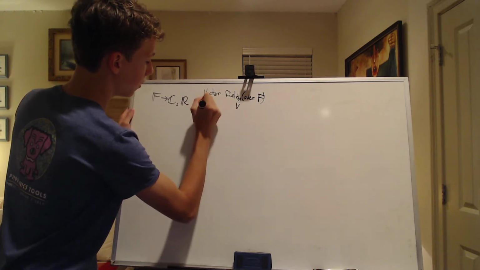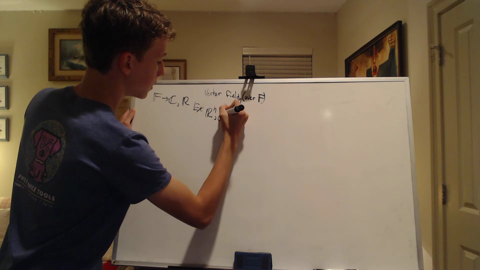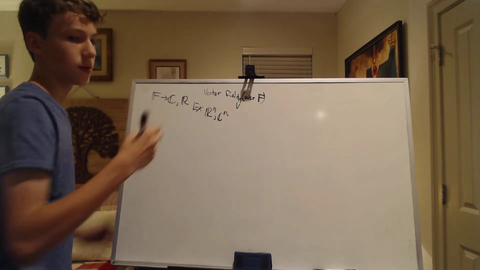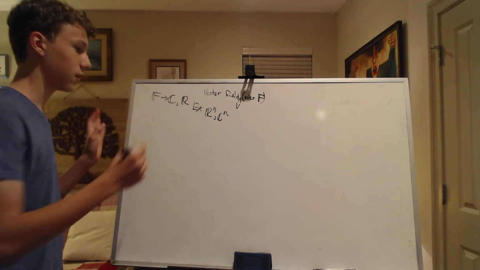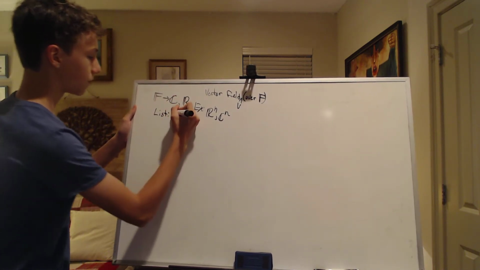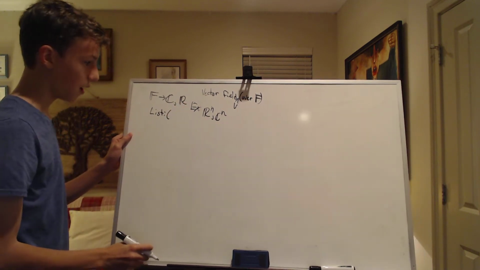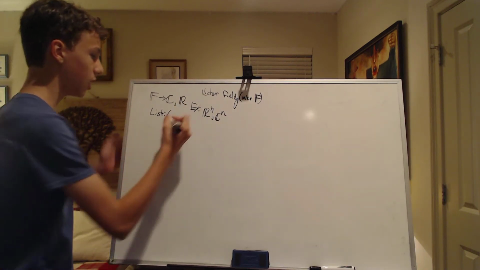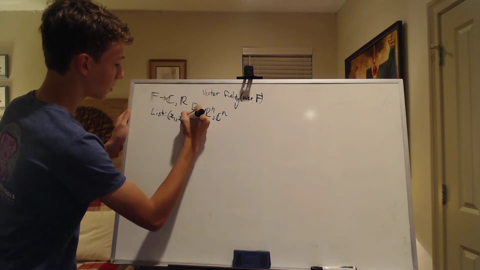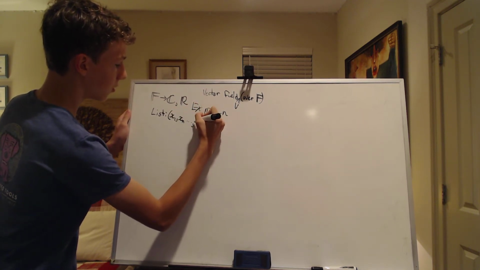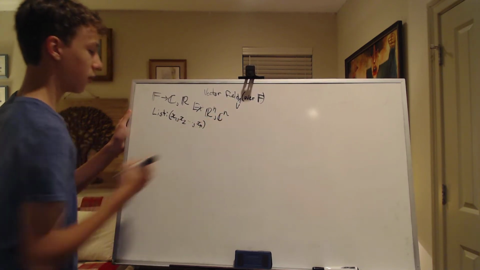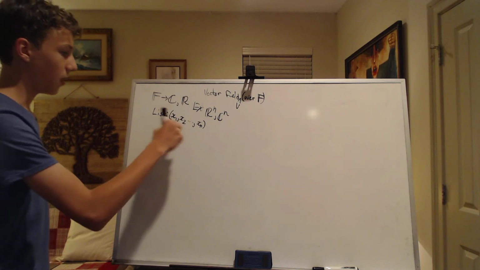So examples, Rn and Cn, complex numbers, real numbers. So in other words, a list of length n is kind of like an ordered tuple of n elements. So that's a list.